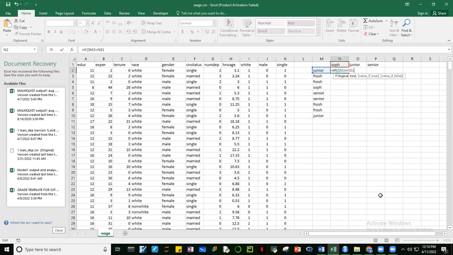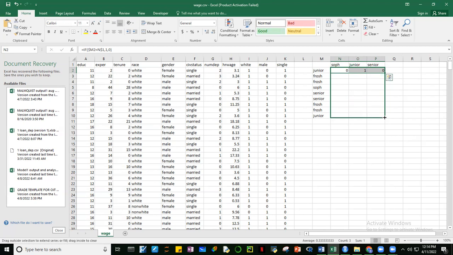There. That should be the proper function in Excel. If that one is equal to sophomore, then it should get a value of 1. Otherwise, 0 siya. Okay? So that's the simple code. Copy to the right, copy to the left.